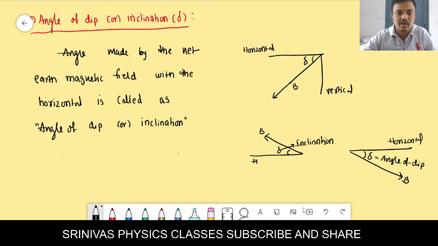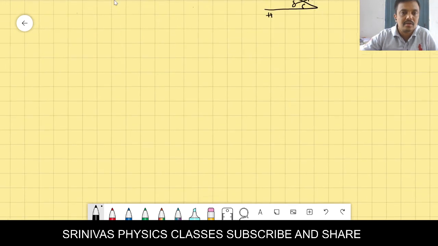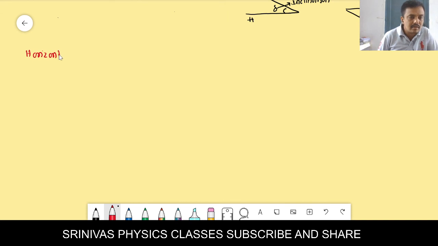That is the horizontal component of earth magnetic field. What is the horizontal component of earth magnetic field? It is denoted with BH.